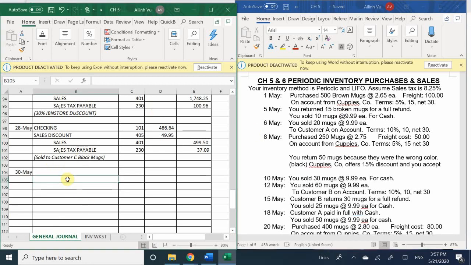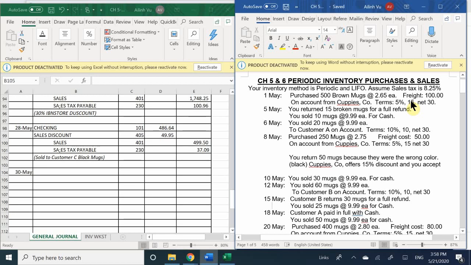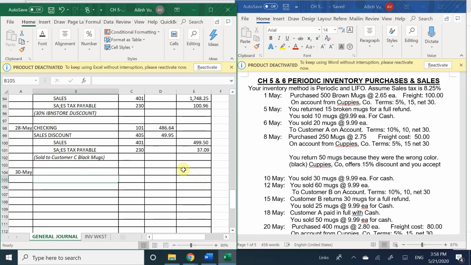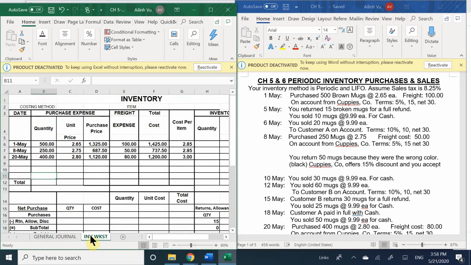So what was the first bill for? $1,325. Oh, wait a minute. The total cost with freight is $1,425. Okay.